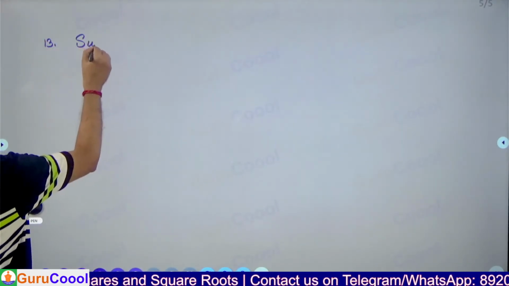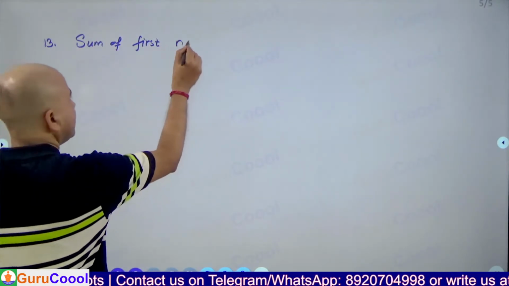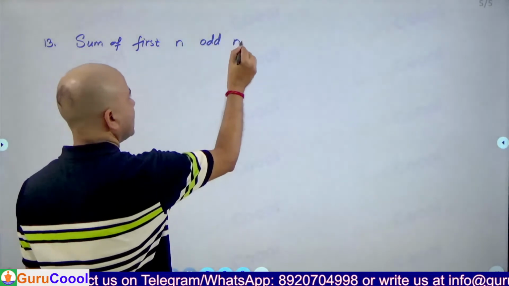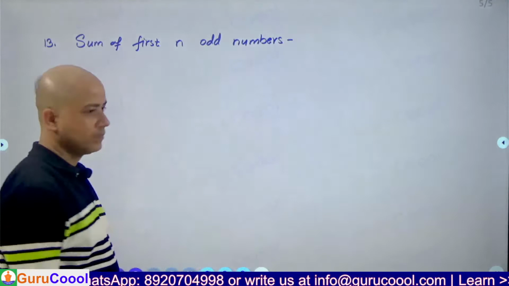Sum of first n odd numbers. Have I taught this?